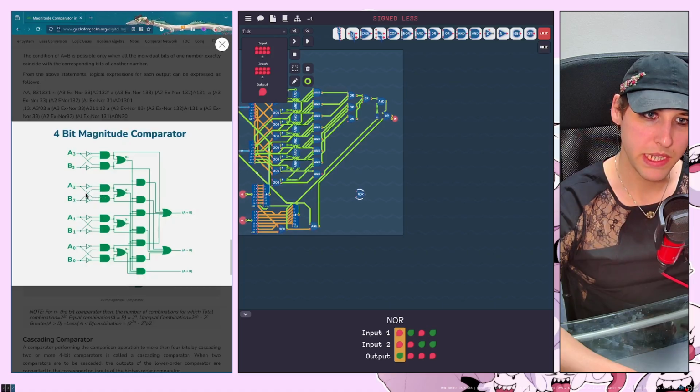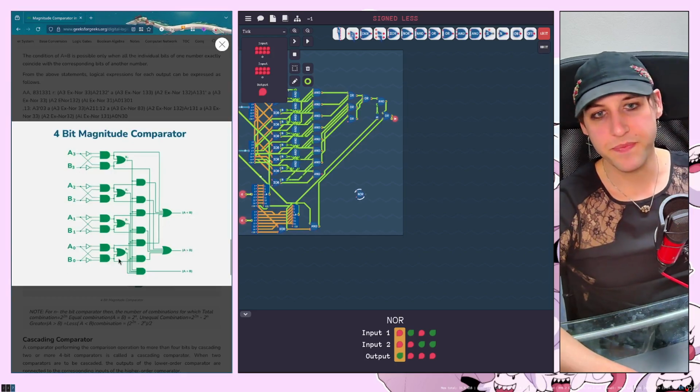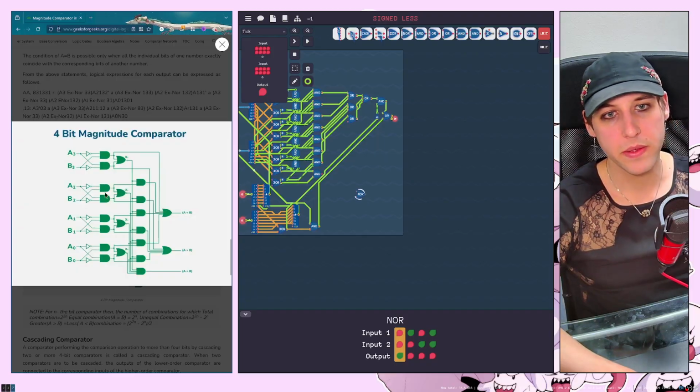And if B is the one that is lighting up, then B is higher. And then in case it's A, then we have an OR that decides that A is higher than B.